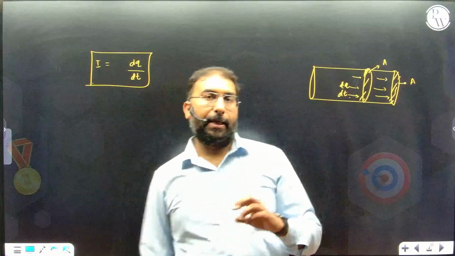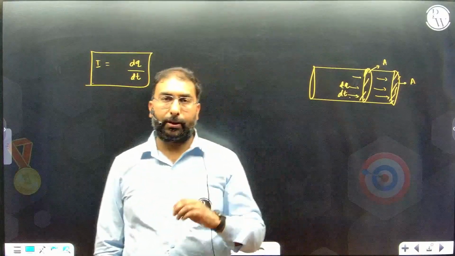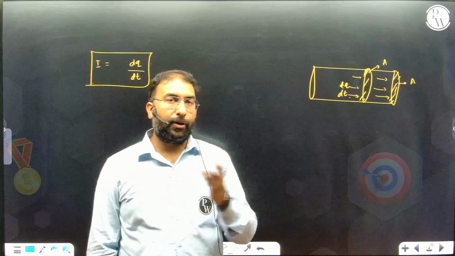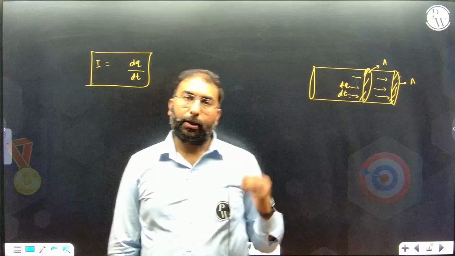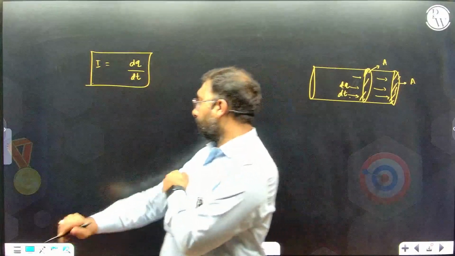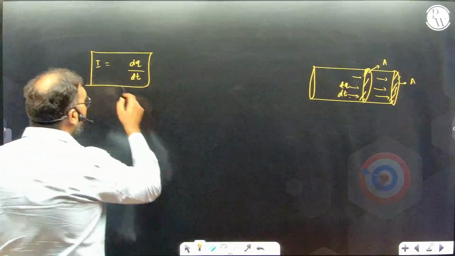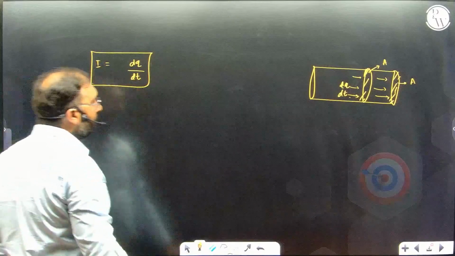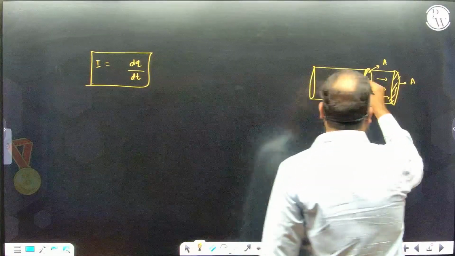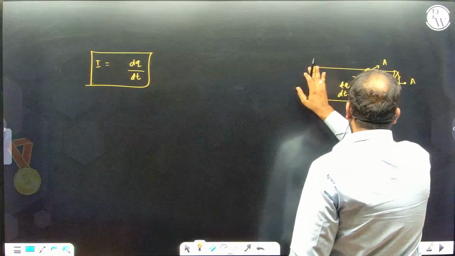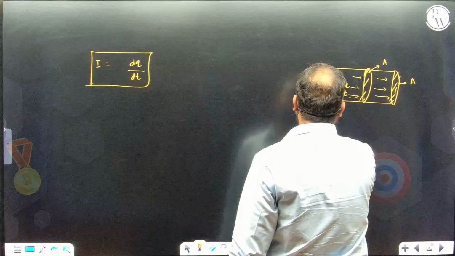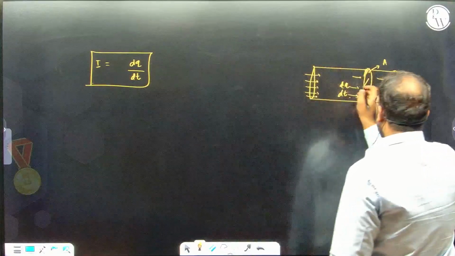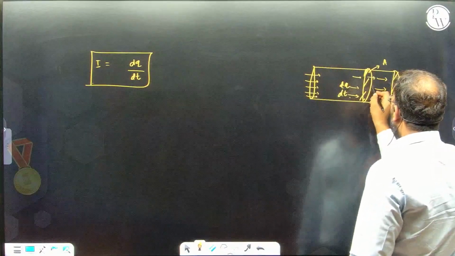So if some charge q is crossing the cross section area of the conductor in time t, we'll call the current to be q by t. You can see here that if the area of cross section is uniform, whatever charge is entering at this cross section will cross through all the surface area.